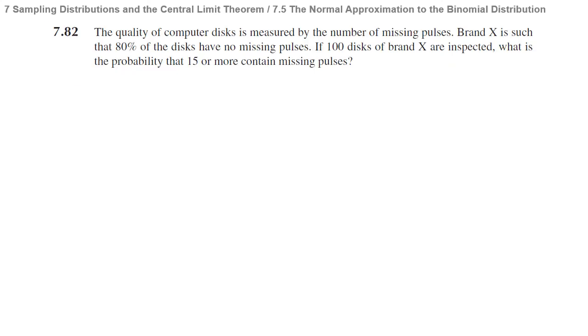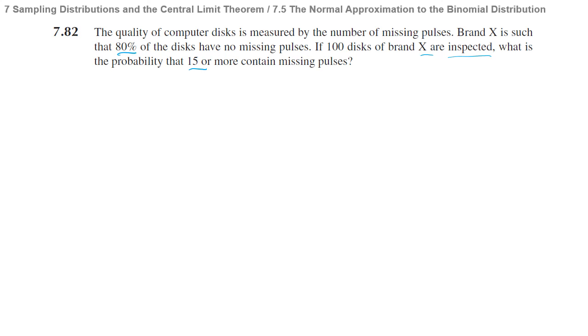Okay, let's move on to one exercise problem, which is exercise 7.82. The quality of computer disks is measured by the number of missing pulses. Brand X is such that 80% of the disks have no missing pulses. If 100 disks of brand X are inspected, what is the probability that 15 or more contain missing pulses?